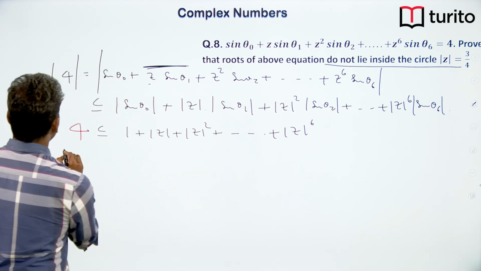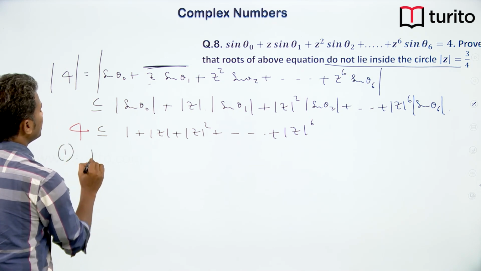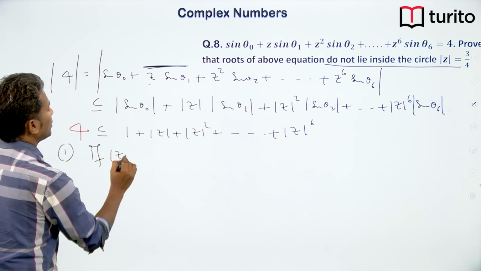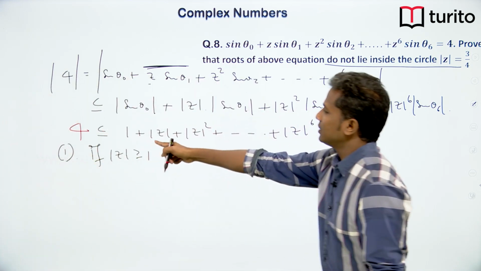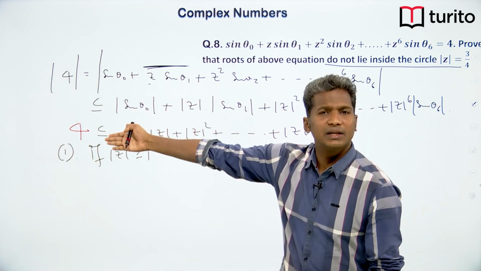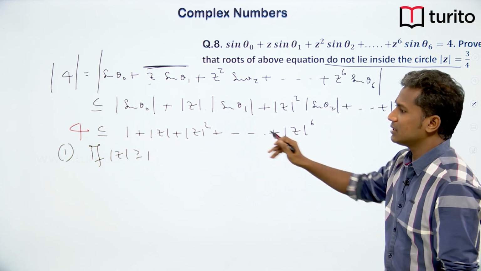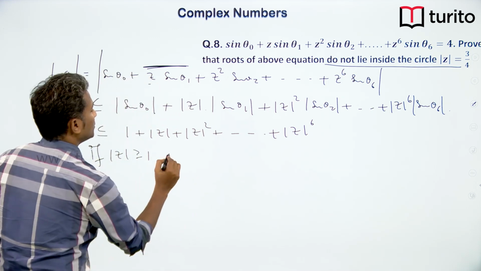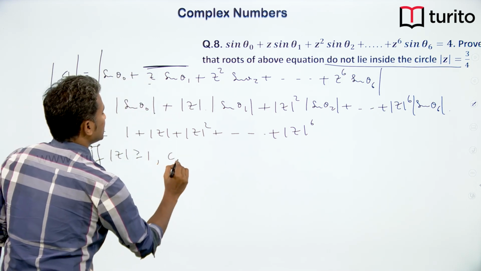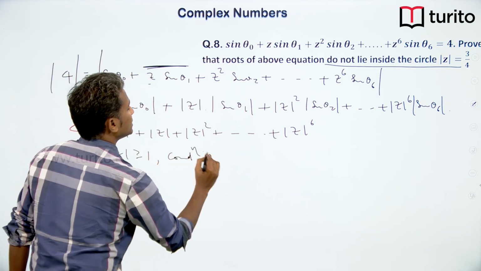One is what happens if mod z is greater than or equal to 1. If mod z is greater than or equal to 1, RHS is definitely greater than LHS. So, this condition is naturally satisfied. This will not create any problem. So, here we can just say that the condition is satisfied.